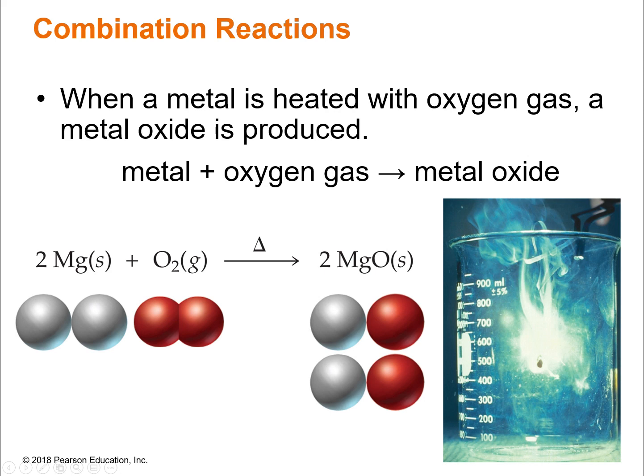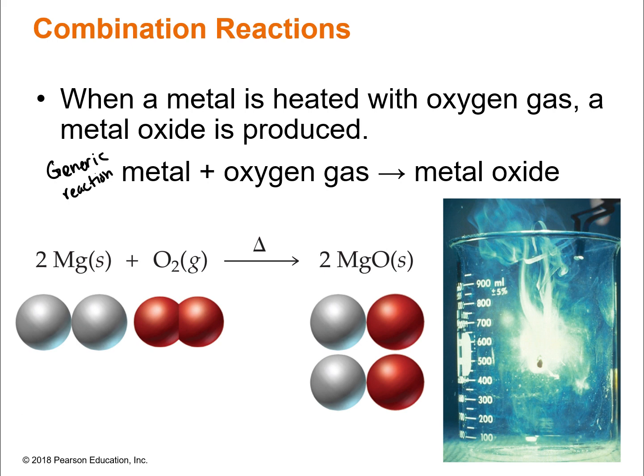Here's an example. When you heat a metal with oxygen gas, you make metal oxide. So this is the generic reaction. You've got a solid metal, you add oxygen gas, you make metal oxide.